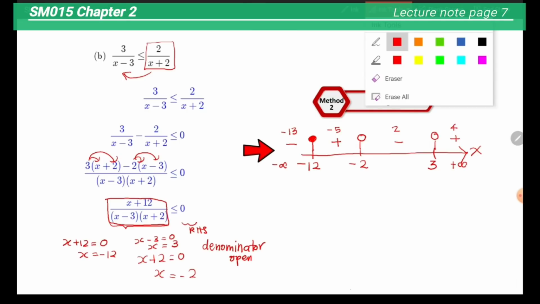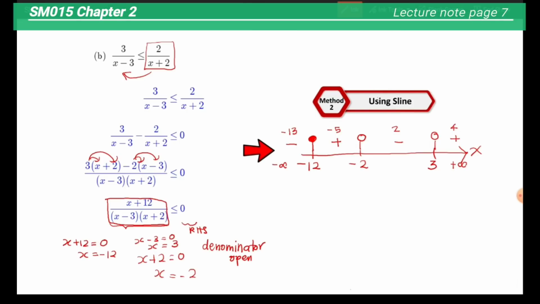Lastly, we want to choose which region should be our answer. If we check our single expression here, it shows less than or equal to 0. It means that we want the negative regions to be our answer. So the negative regions that I have here are from negative infinity up until -12, or -2 up until 3.